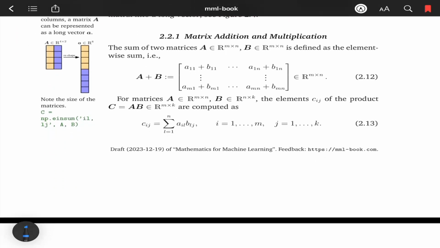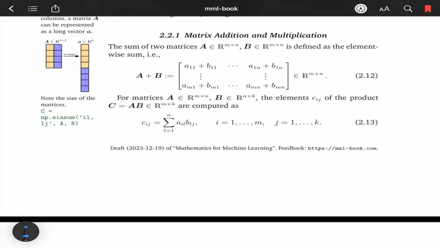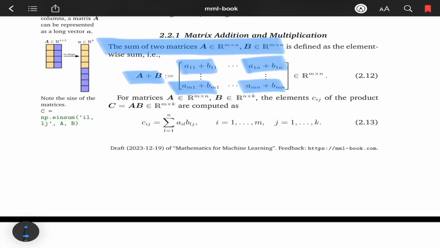Next one, matrix addition and multiplication. The sum of two matrices A and B, in this case they both have the same dimension, is defined as element-wise sum. So you have A and B, then you say, okay, top left both plus, and then top right, and basically you put each on top of the other.